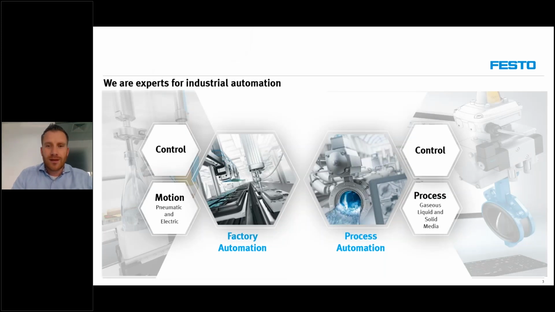Industrial automation. As a brief introduction about Festo and our competencies and our activities in the industry, I would like to give you this short overview where we would like to position the activities of Festo in process automation as well as factory automation. This presentation mainly goes into process automation, where we are controlling the different types of processes, which can contain gases, liquids, solids, media.